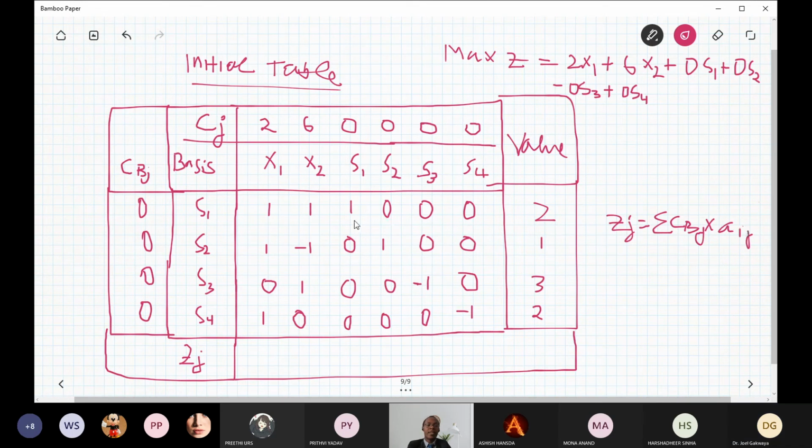Let me write it here. See the value of CBJ, 0, into AIJ.